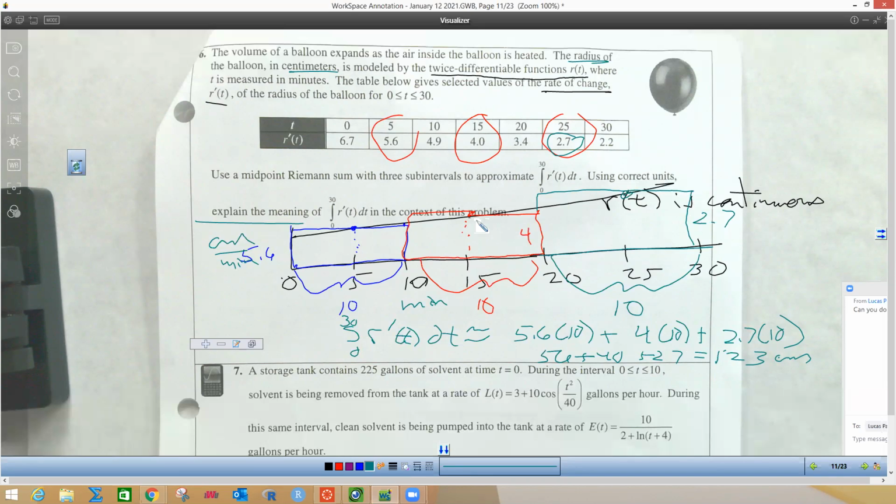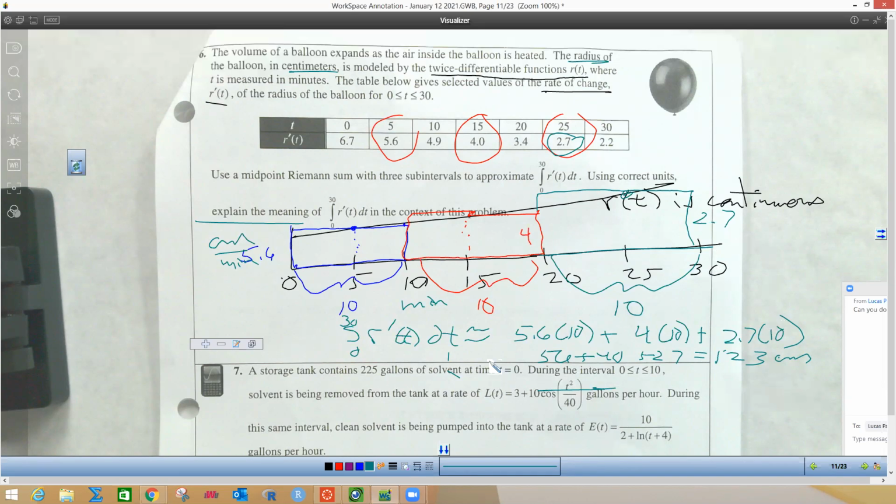Okay, so I actually screwed up. Okay, so here's what we would do. We would say the radius of the balloon is approximately 123 centimeters from t equals 0 to t equals 30 minutes. That's what you would put.